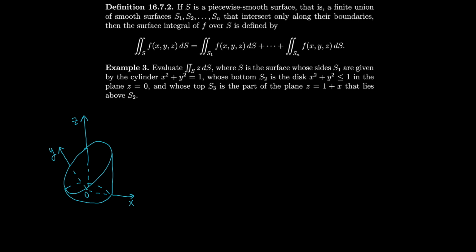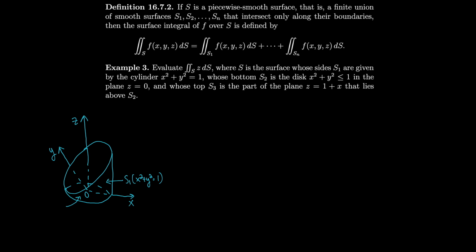And let's see, we have S1 is the cylinder, so that's this thing over here, and that's x squared plus y squared equals 1. And then we have S2 is the disk on the bottom.